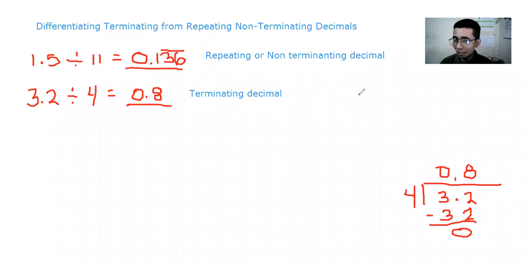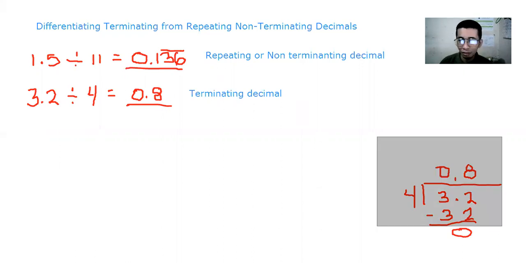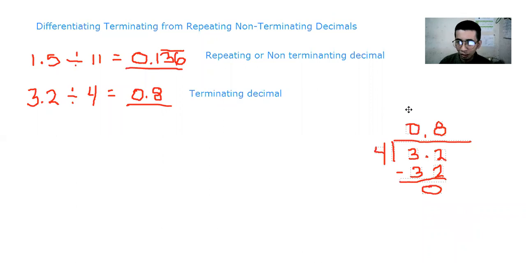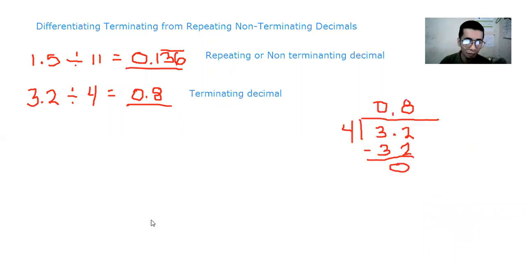Then, sino pang may masasabi? Ano pang nakikita nyong differences ng dalawa? Dito, sa way na nagko-compute tayo sa terminating decimal, ano nakikita nyong pinagkaiba niya dito sa repeating decimal? Pagdating dito sa sagot sa baba. Yan, yung may box na malaki. Ano nakita nyong sagot dito?